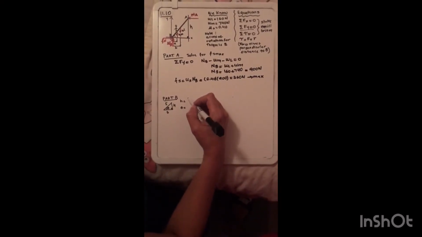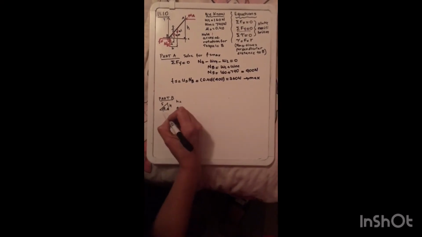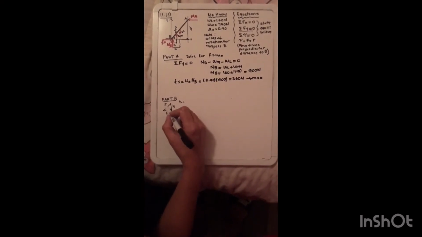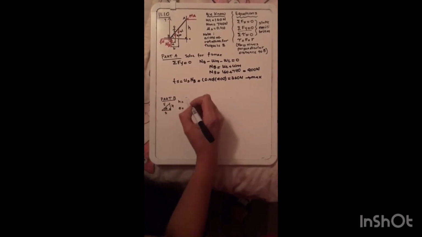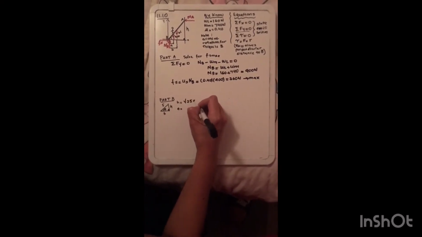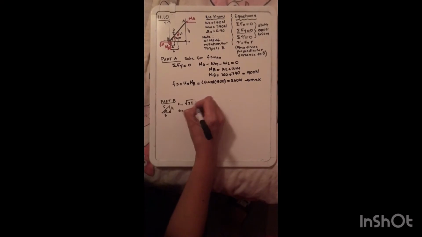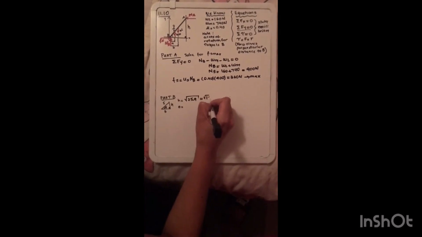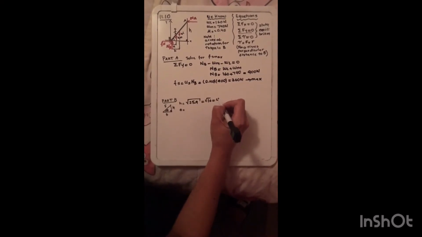For h, we know that this side of the triangle is 3 and this is 5, so h is equal to the square root of 25 minus 9, which is the square root of 16, and h is equal to 4 meters.